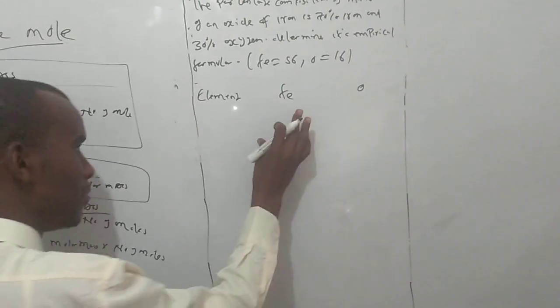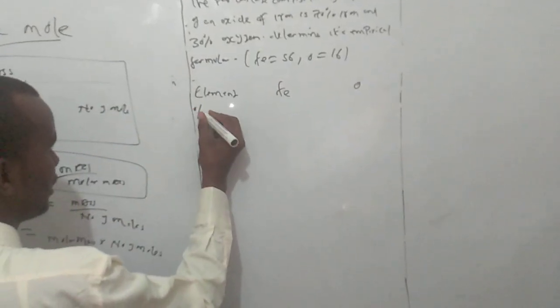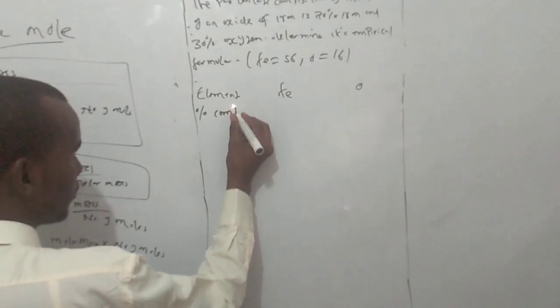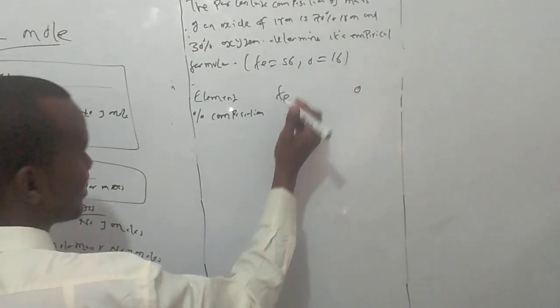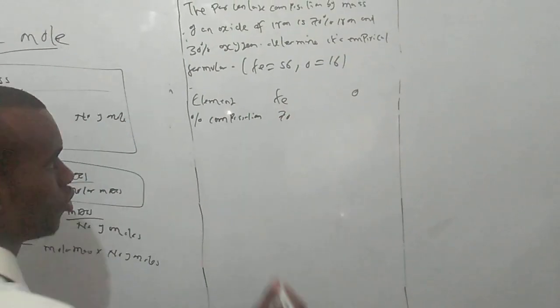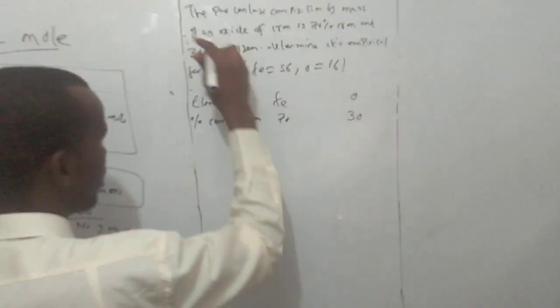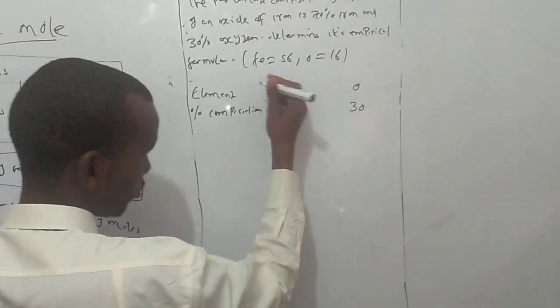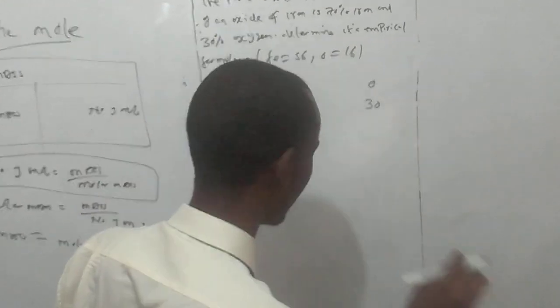Then after the element, we go to the percentage composition. The percentage composition of iron is 70. Obviously oxygen should be 30 because they should add up to 100. Even if it was not given, you should say 100 minus 70, because percentage is always 100%.